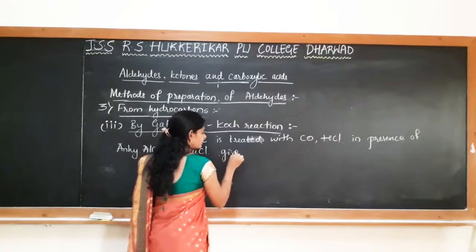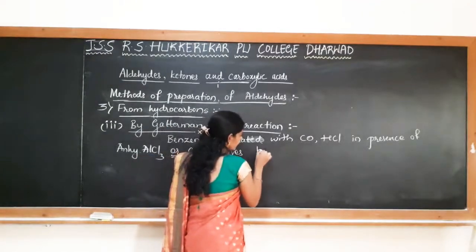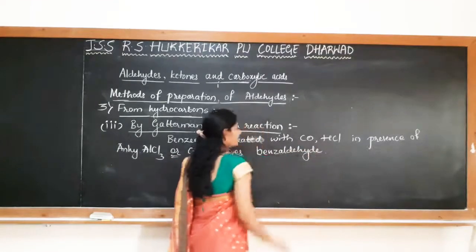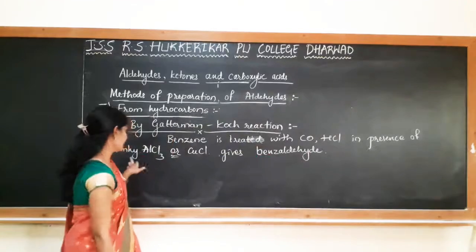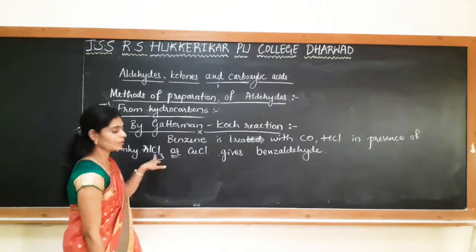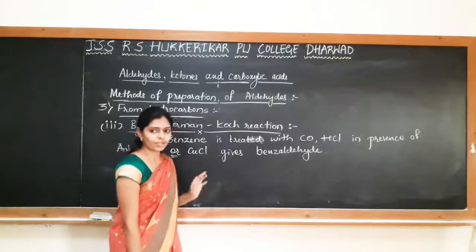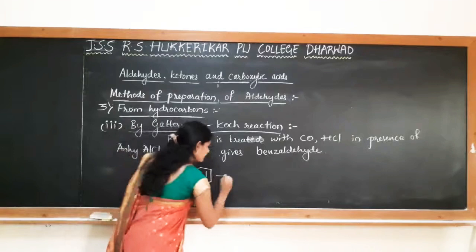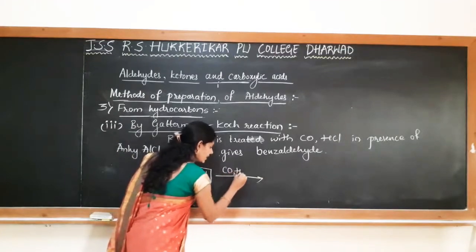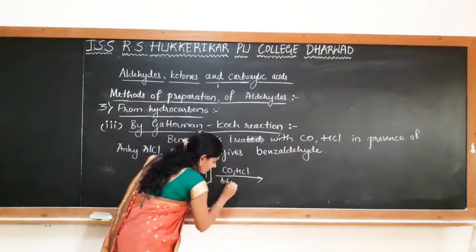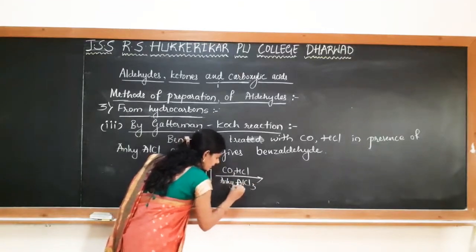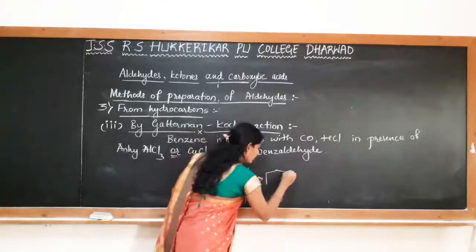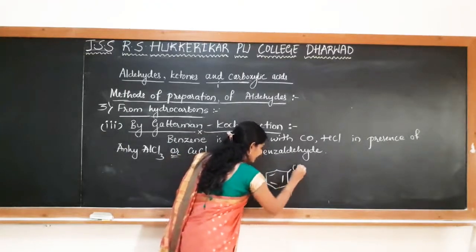It gives benzaldehyde. So the reaction is written like this: in presence of carbon monoxide and HCl, the catalyst used is anhydrous aluminium chloride or cuprous chloride, which results in the formation of benzaldehyde.